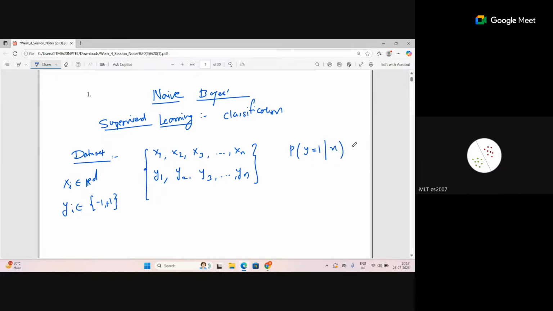This will be 1 if things are in the majority, and 0 if not. 1 and 0 indicate the class: 1 is the positive class, 0 is the negative class.